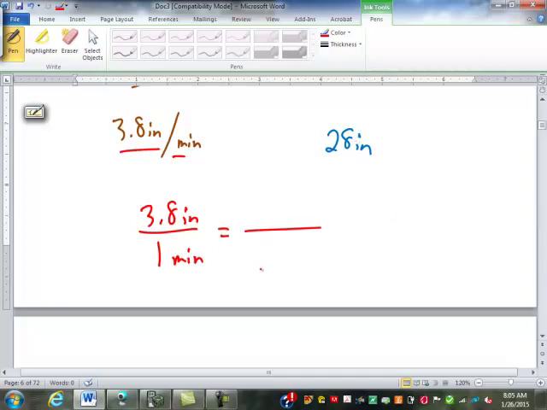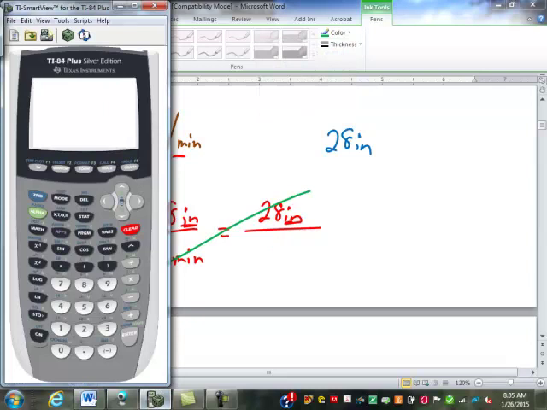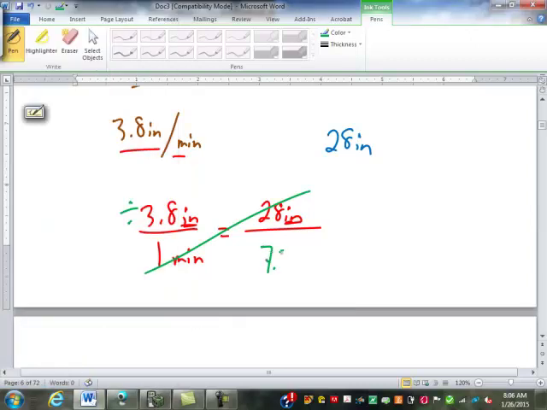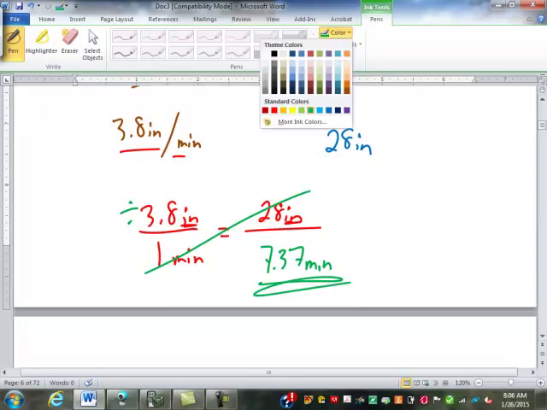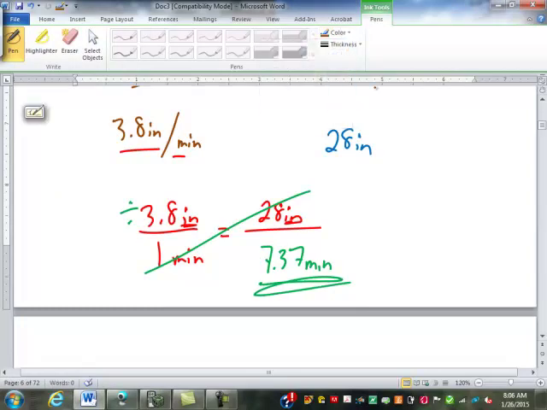Where's the 28 going to go? On top, because it's inches. We have inches here, we got to have inches here. And now it's going to be cross multiply and divide. So 1 times 28 is 28, divided by 3.8 gives us 7.37 minutes. Any questions?